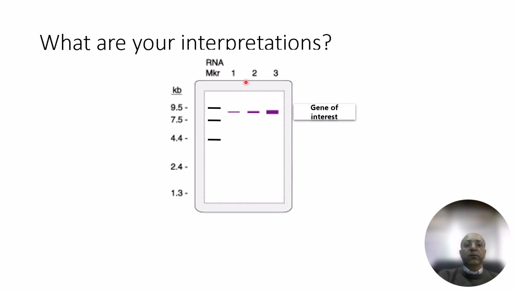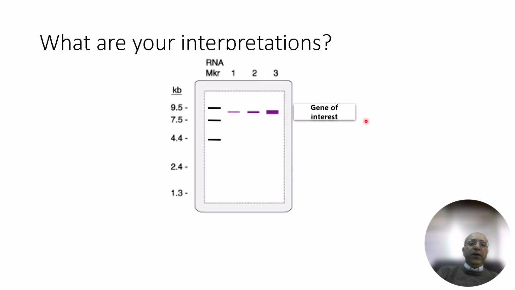For sample 2, we used 50 microliters. For sample 3, we used 100 microliters. So one would say, of course, it makes sense that number 3 would have a more intense band because you used more material, a larger amount of sample.